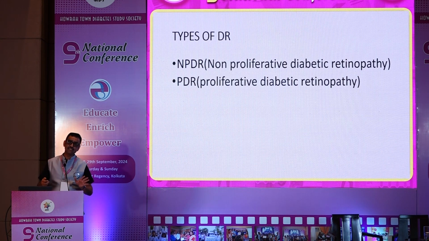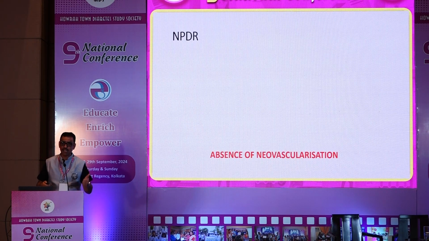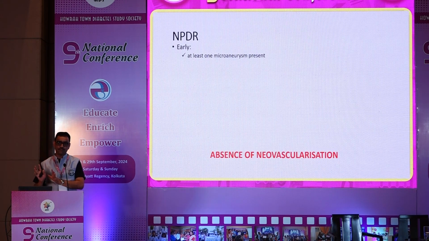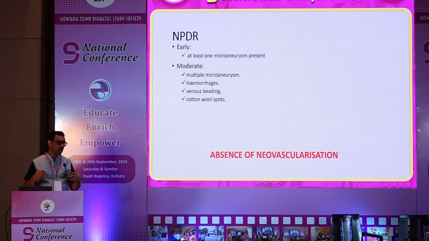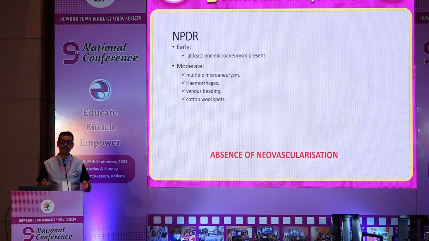The basic difference is neovascularization. In NPDR, the non-proliferative disease, there is no neovascularization. In the early stage, you might find one microaneurysm in the fundus. In the moderate stage, you'll have multiple microaneurysms, some hemorrhages, venous bleeding, and a few cotton wool spots.